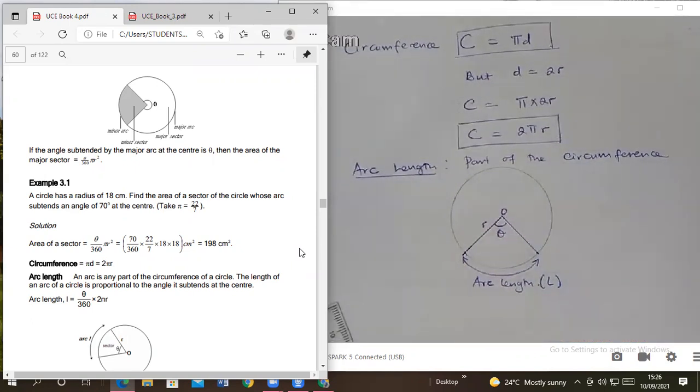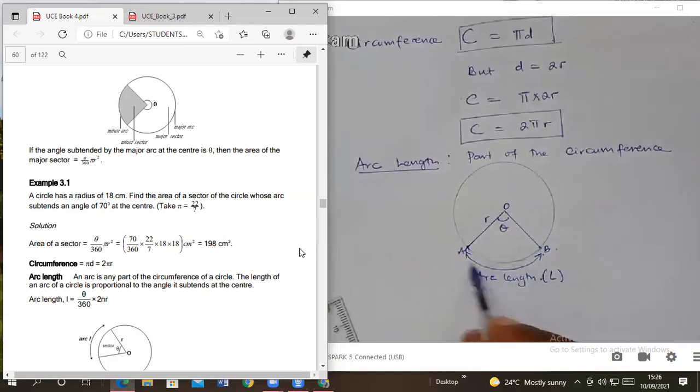To get the arc length, remember this is a sector here, enclosing this distance from A to B, taking this side.